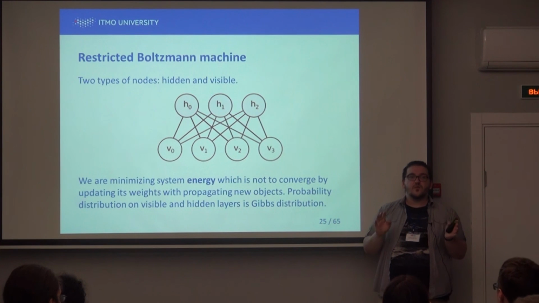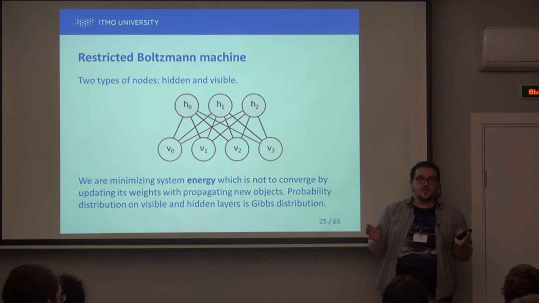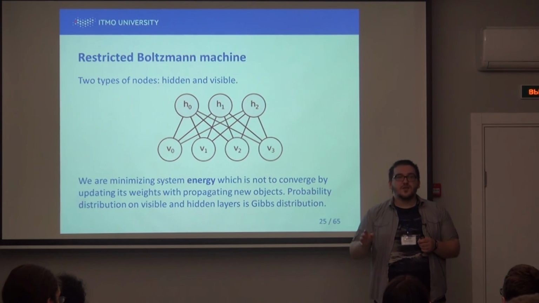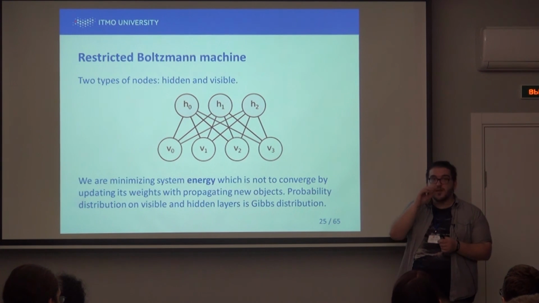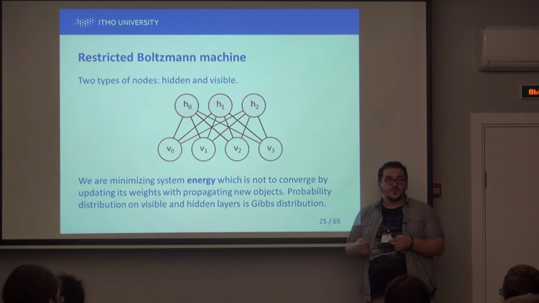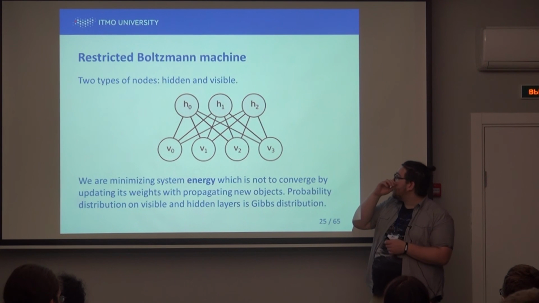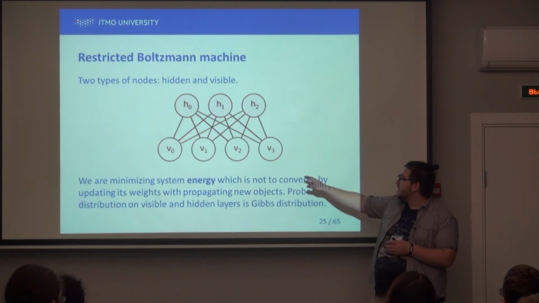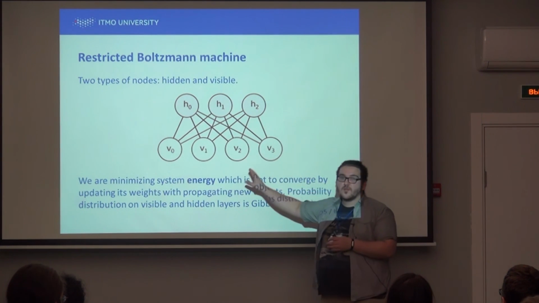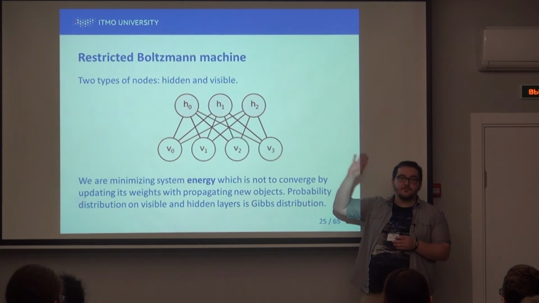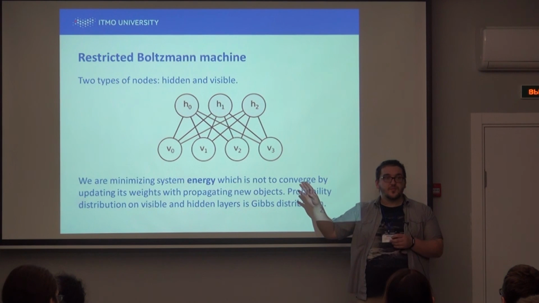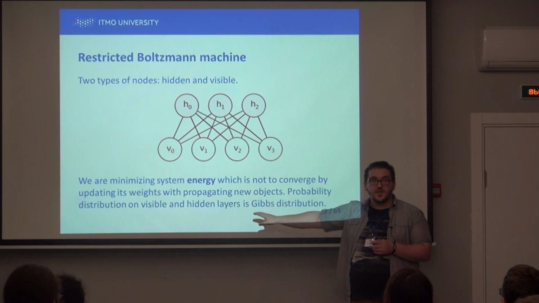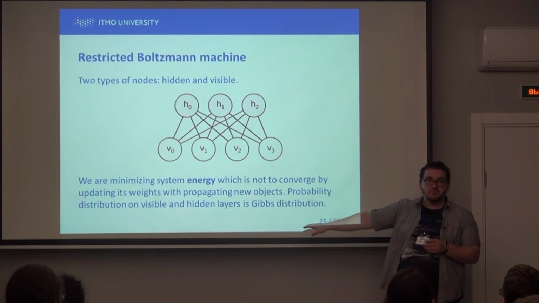If someone knows what a hidden Markov model is, I believe it's much more popular, then you can recall what hidden states and visible states are. So in a deep Boltzmann machine, we suppose that there is a joint probability distribution on all these variables, and it's a Gibbs distribution.